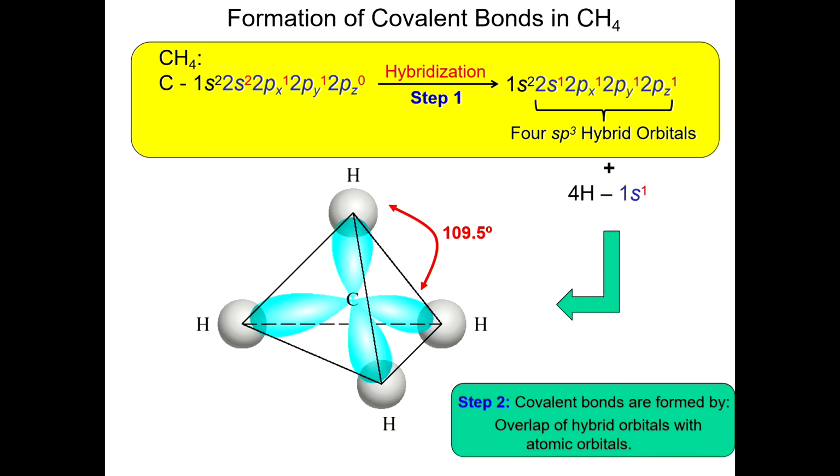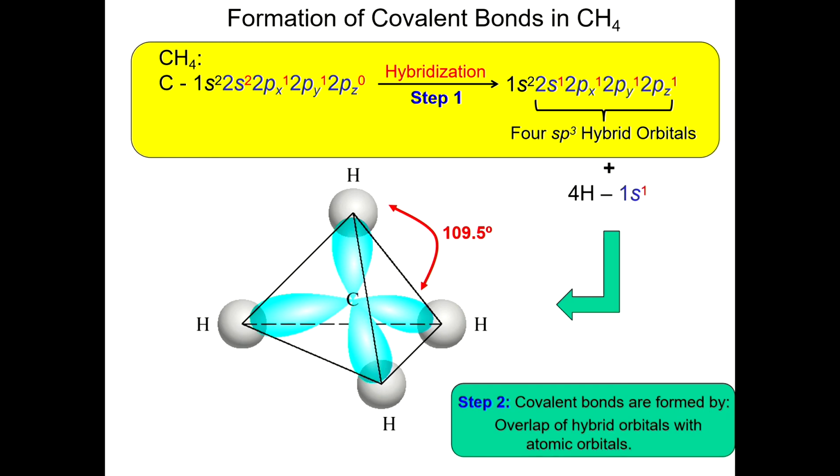These 4 orbitals can overlap with the atomic orbitals from 4 hydrogen atoms, and then form the CH covalent bonds. And of course, the geometry is like this.